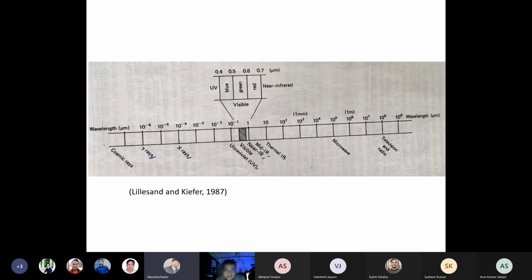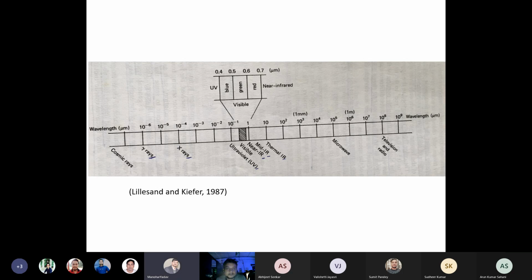What are the ranges of wavelength in which the energy is generated from the energy source, specifically the sun, and how they emanate outside from the energy source, then enter the Earth atmosphere, how the atmosphere behaves, and finally the resultant energy after passing through the Earth atmosphere reaches the Earth surface. That will be discussed.